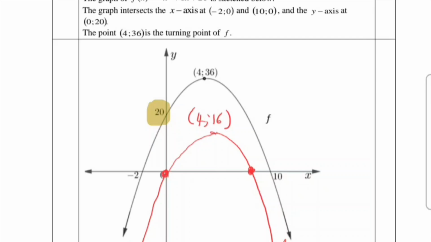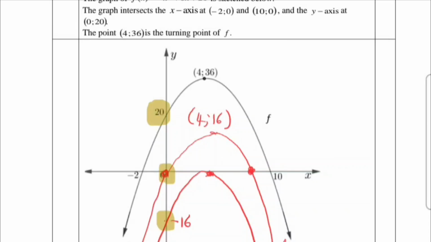Another way that we can also get 2 positive roots is if the turning point itself lies on the x-axis. In that case, what would this y-intercept now be?